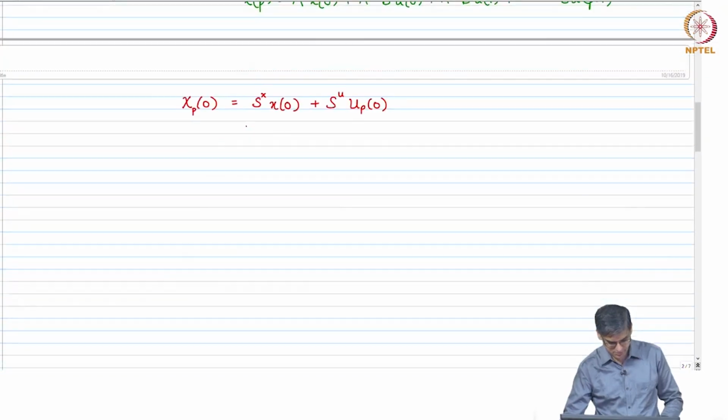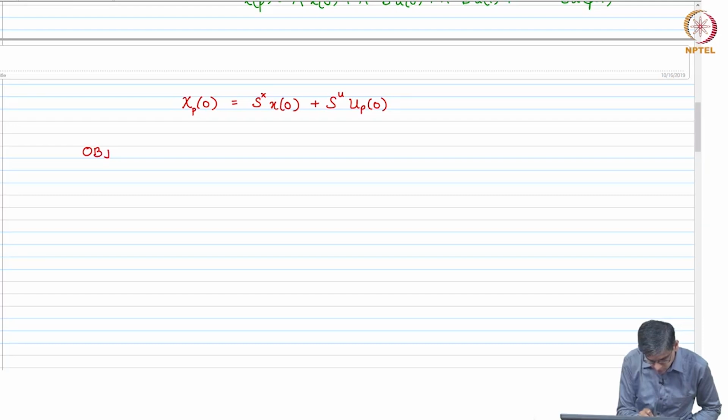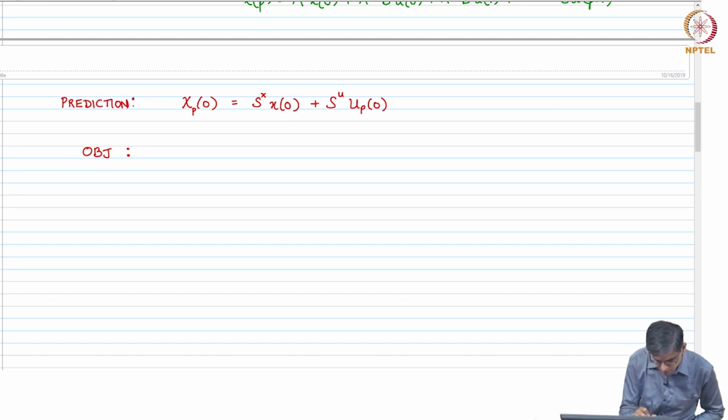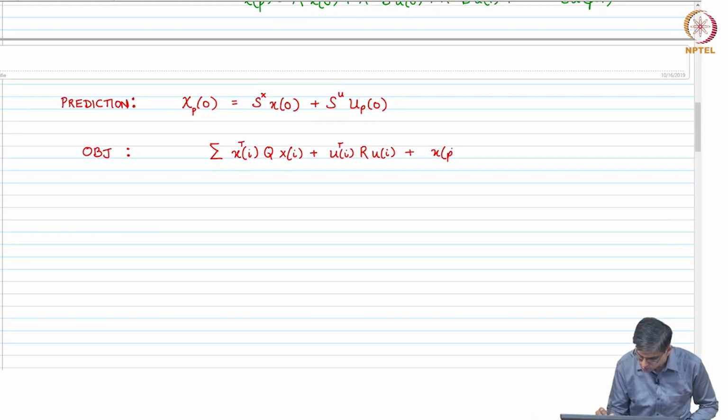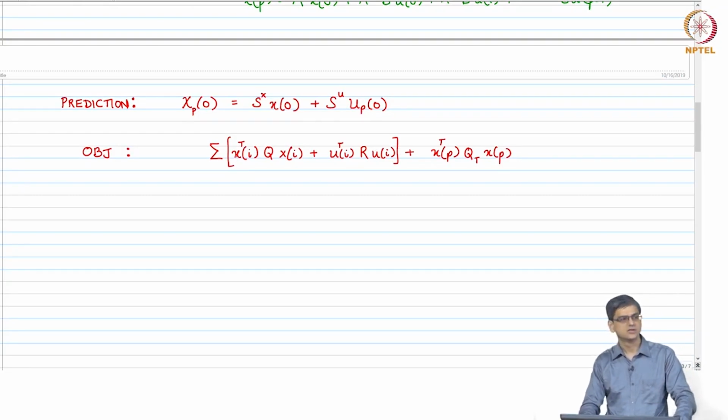Okay, we will write this objective function. Okay. Same fundas that we used in MPC part.